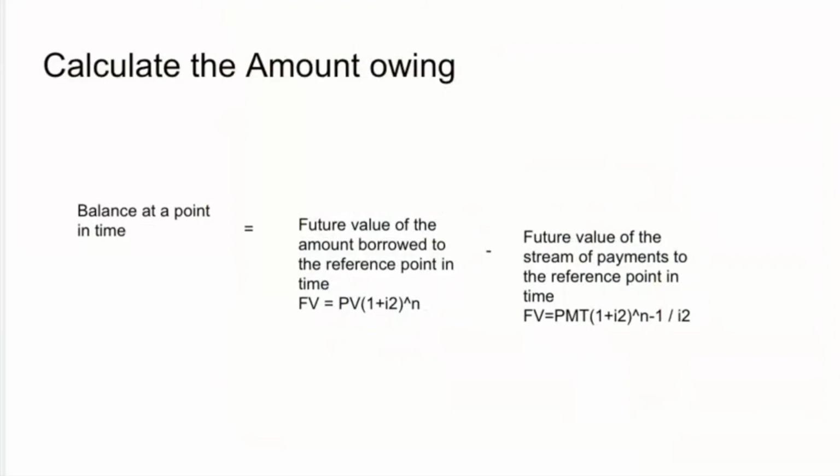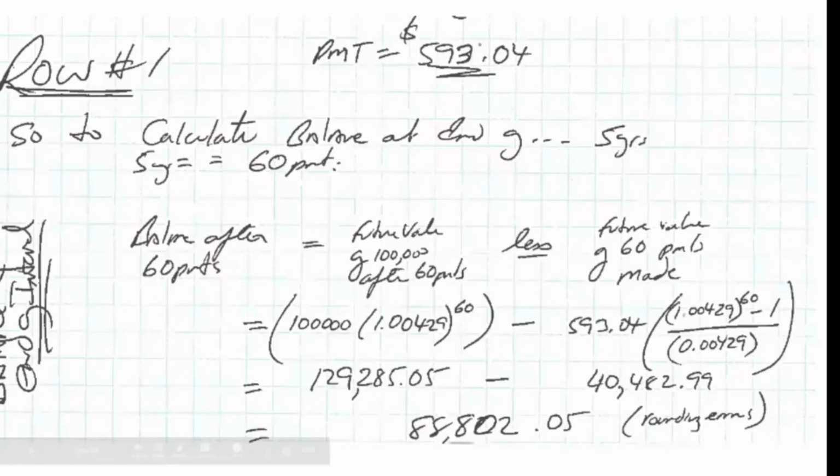We just employ I2. So I just put up the calculation here. So to calculate the balance at the end of the 5 years, that's 60 payments. Okay, so we got to keep that in mind. So the balance after 60 payments is the future value of $100,000 after 60 payments. So you can see below the calculation there. Well, you borrowed $100,000.